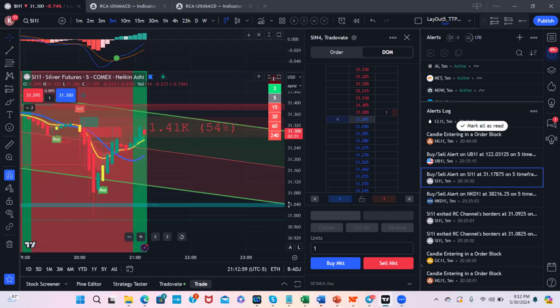Today the market is a little slow compared to every day. There is not much momentum.